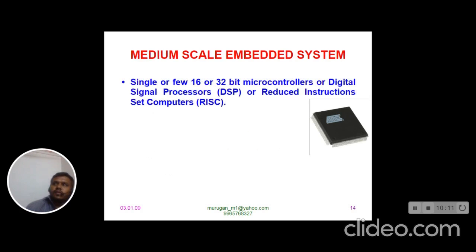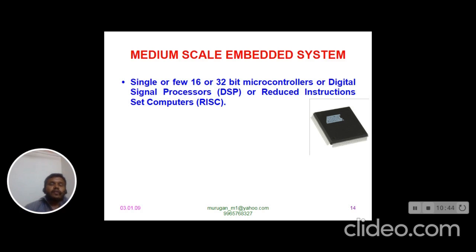Medium scale embedded system is in the range of 16 or 32-bit microcontrollers. In general, in this medium scale embedded system, we are following a digital signal processor, and we are following reduced instruction set computing, because microprocessors and microcontrollers, even embedded system controllers, have higher end applications.